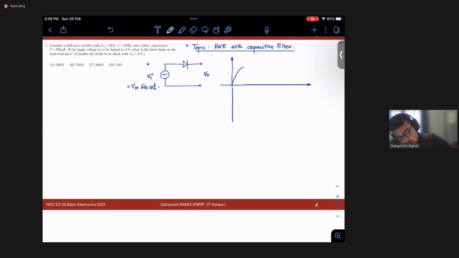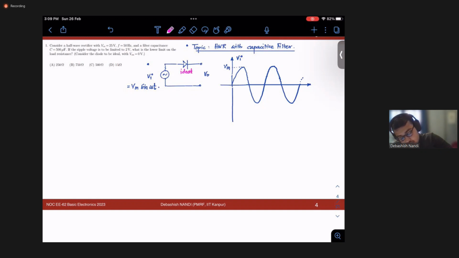Let's say this is your input voltage and it goes on. So this is your VI, this is your Vm. How will this output voltage look like when we assume that the diode is ideal?